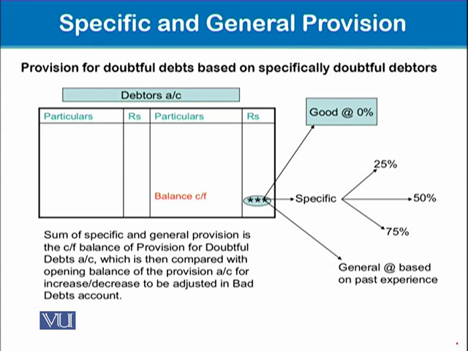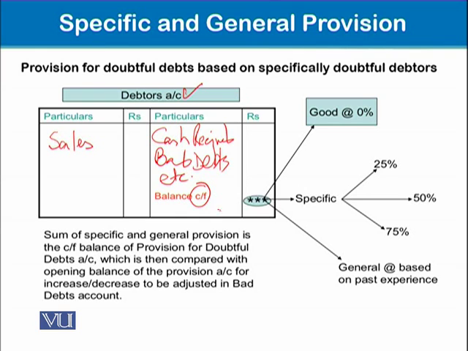Just see, our starting point is the carry forward balance of accounts receivables or debtors. And you know very well there are few transactions on the debit side: sales, cash received, bad debts, etc. And finally, we'll be having a balance carry forward.